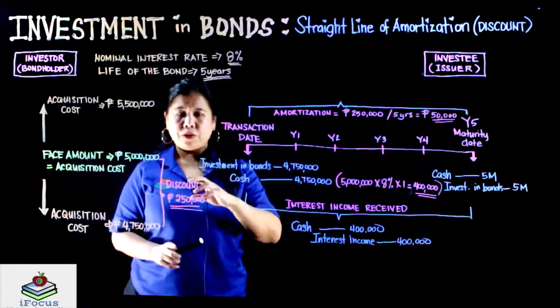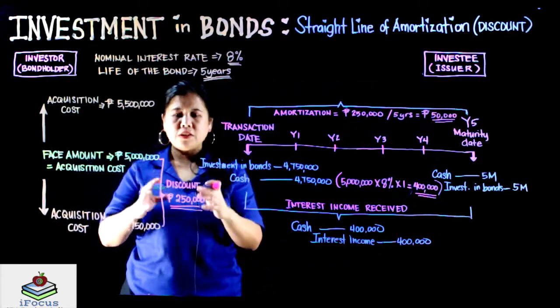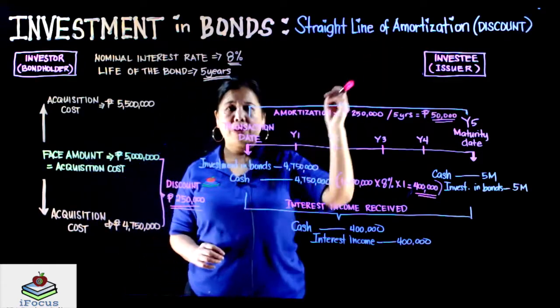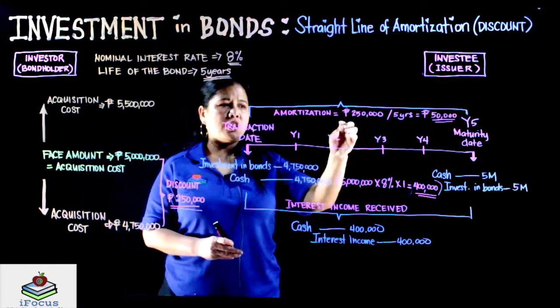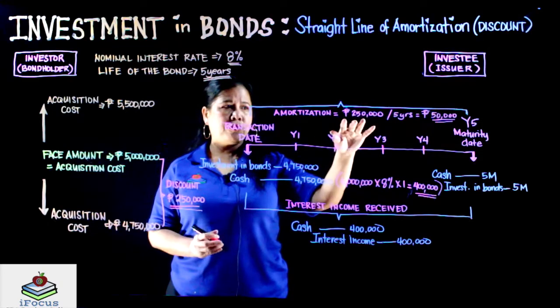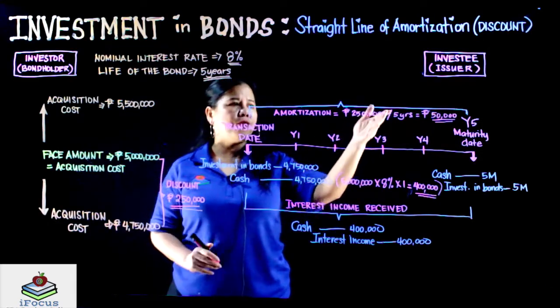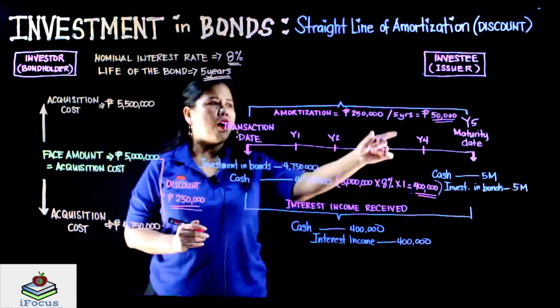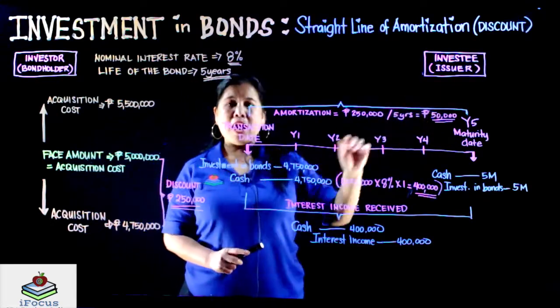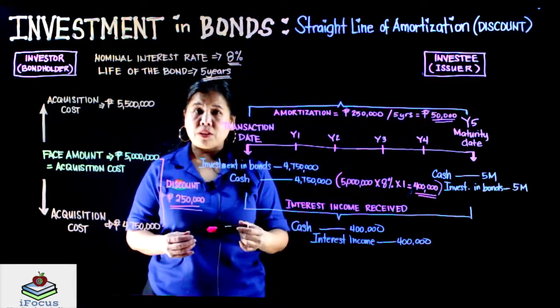So to calculate the amortization of this discount using the straight line method, the amortization is equal to the 250,000 discount divided by the life of the bond of 5 years. So every year, mag-amortize tayo ng 50,000 pesos.